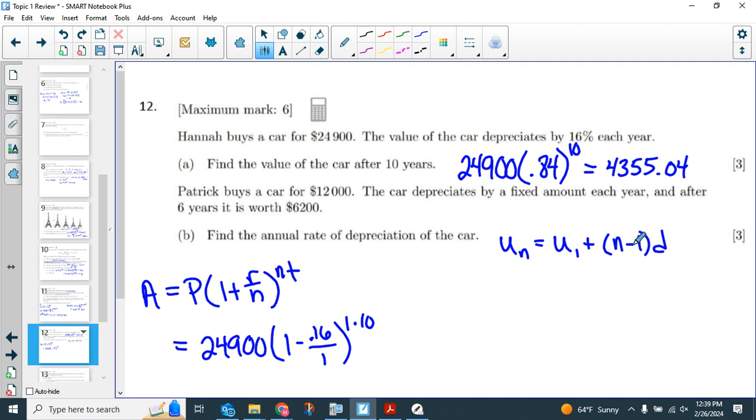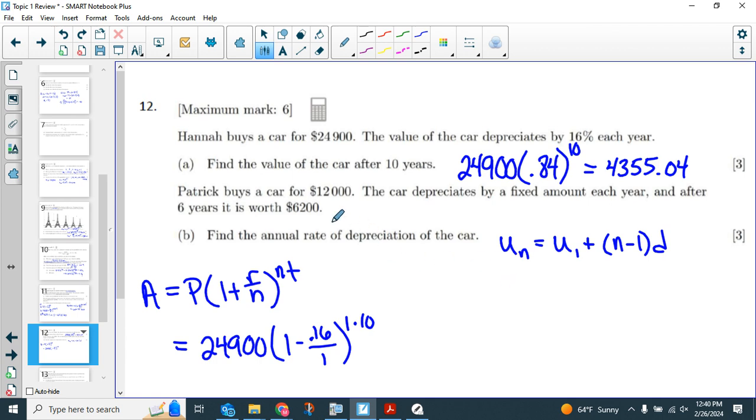So we can't really count that as u sub 1. We'll just play around with it and see. I'm going to call it u sub 0. Does that make sense? Like u sub 0 is 12,000 because when he bought it that year, that's how much it's worth, and it doesn't depreciate until the next year. Yes, no, maybe so.